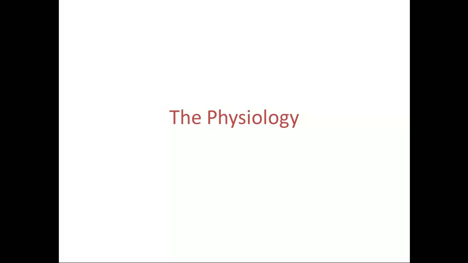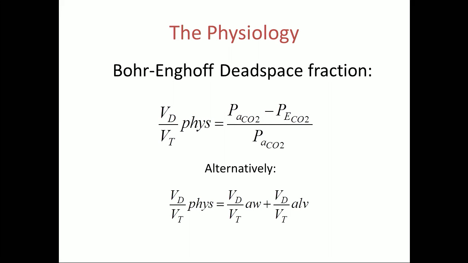So I'm going to go through a little bit about the physiology of measuring dead space. The equation at the top here is the time-honored Enghoff modification of Bohr's equation, and the measurements that you need to calculate or estimate dead space fraction are arterial PCO2, which in this case has been used as a surrogate for alveolar PCO2, and mixed expired PCO2.